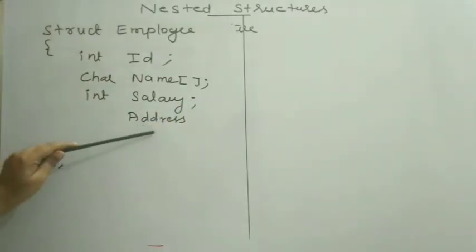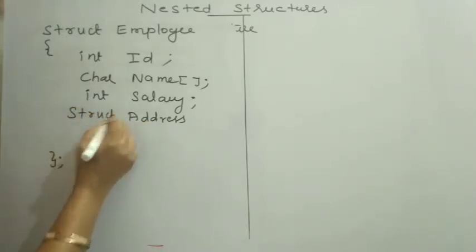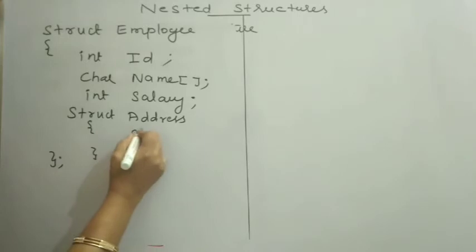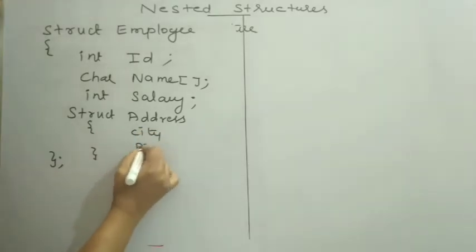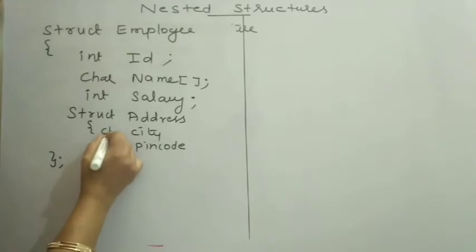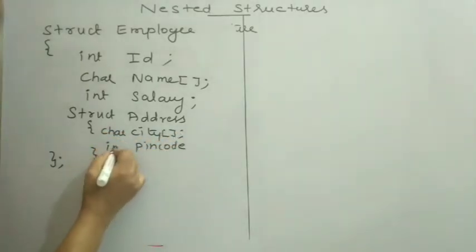But when we consider this, address is again a structure. How do we define it? struct address. Address has two data members defined: one is city, the other one is pin code. Of course, city is a character array and pin code is an integer value.